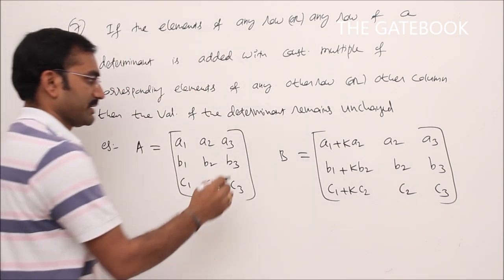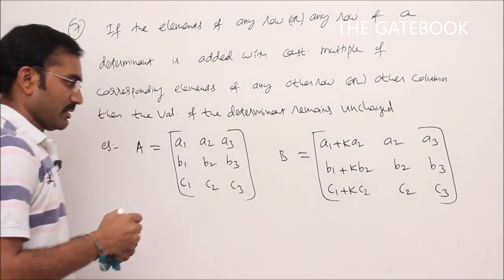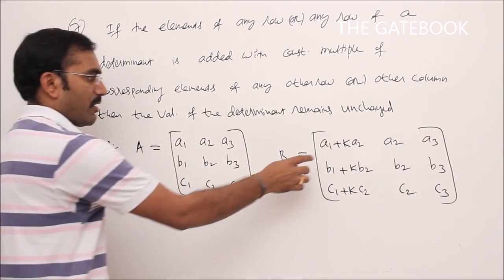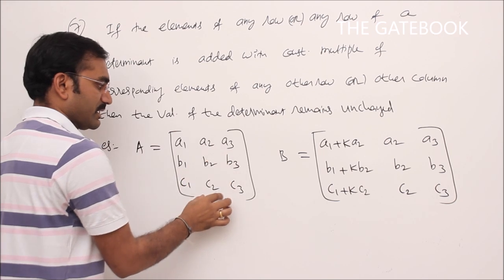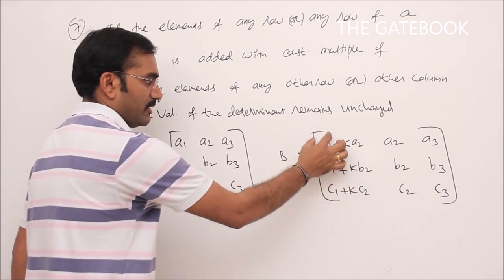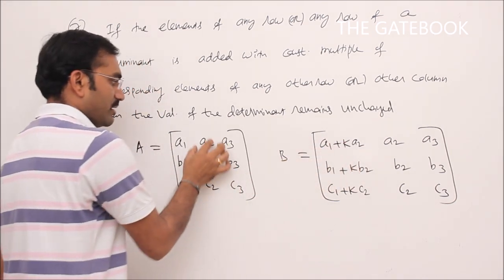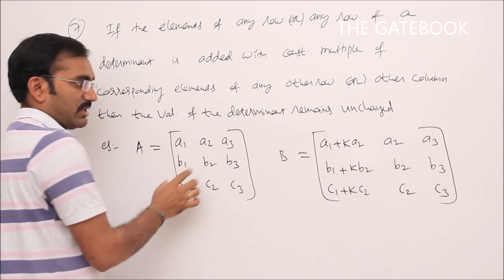The matrix B is obtained from A by adding a constant multiple of the corresponding elements of the second column. Here I am adding a constant multiple of second column elements to the first column.